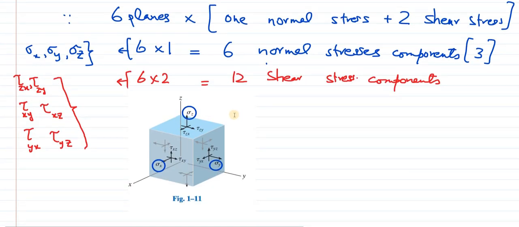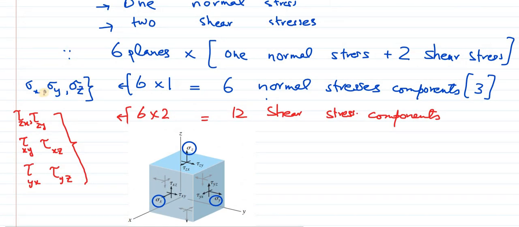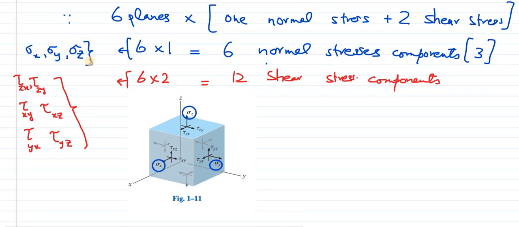But by requirement of equilibrium, if this is sigma y, then this dimmed line opposite to sigma y is also representing a stress which is equal in magnitude to sigma y, but of course in opposite direction. So we concluded that we only need to know 3 stress components, sigma x, sigma y, and sigma z, and the rest of the 3 will be established by equilibrium.